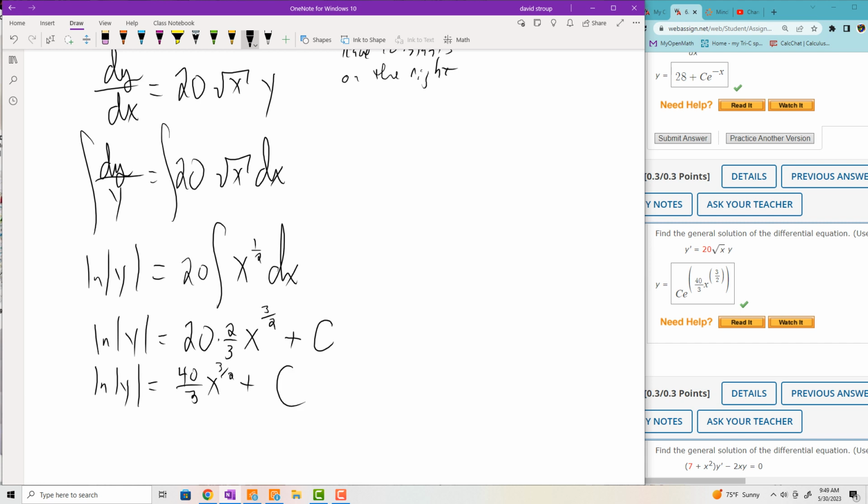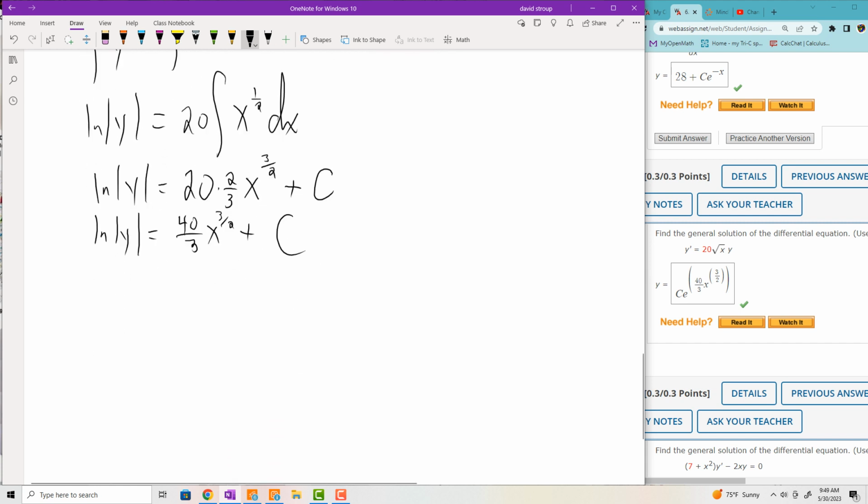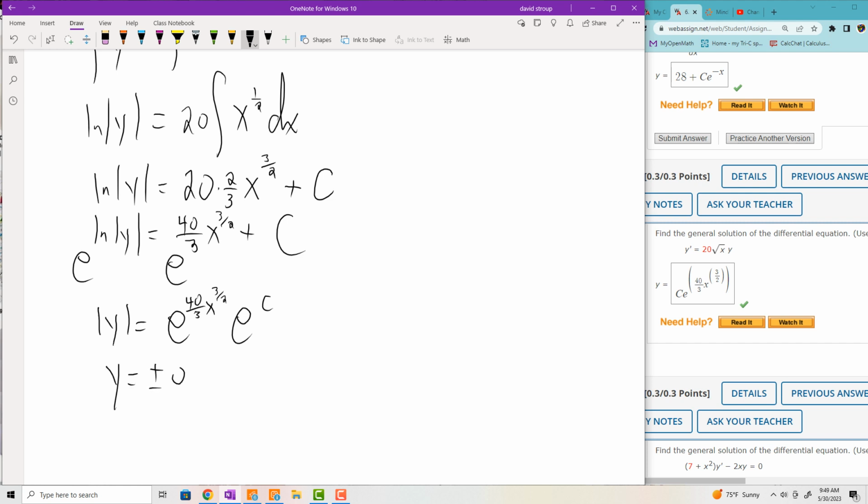Okay, so here's an implicit solution. We want the explicit solution, so we're going to exponentiate to unlock the y from the natural log. So now I have the absolute value of y equals e to the 40 thirds x to the 3 halves times e to the c. Drop the absolute values, put a plus or minus on the other side, flip-flop the factors.